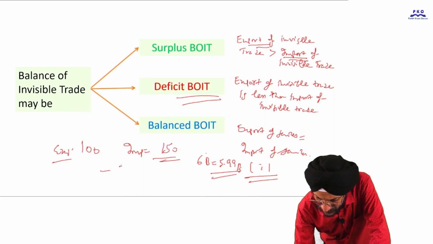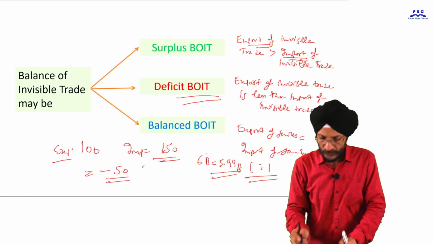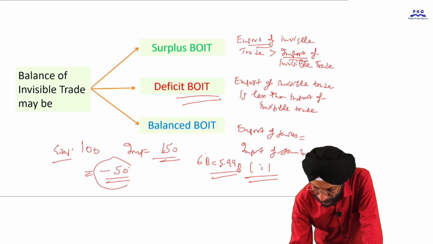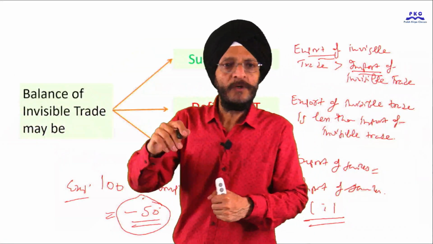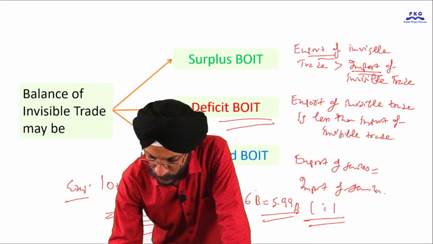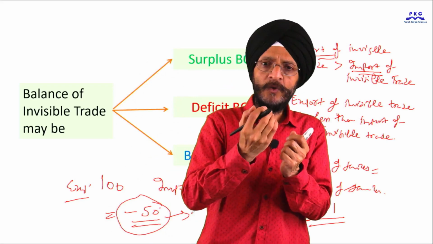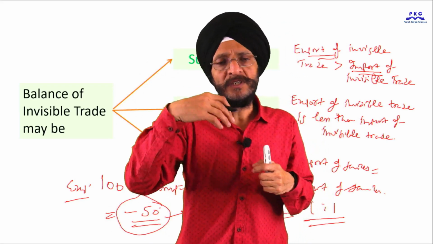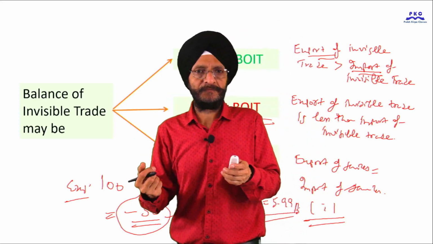So what is the difference? Minus 50. This is deficit balance of invisible trade. So it will have to pay 50 to the rest of the world. To pay 50 to the rest of the world, either the country will have to borrow, or it will have to sell its assets or use some other means.